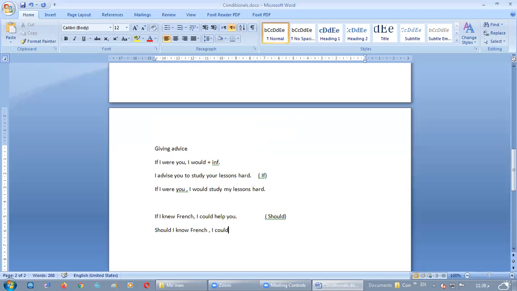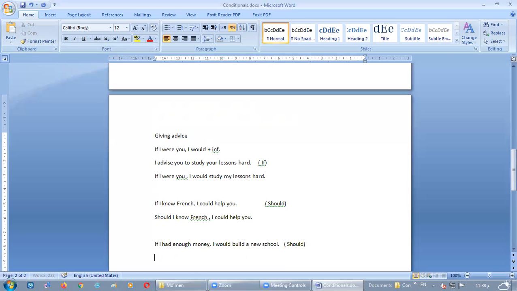Another example, if I had enough money, I would build a new school. I ask you to use should like the previous example. I can say should instead of if.